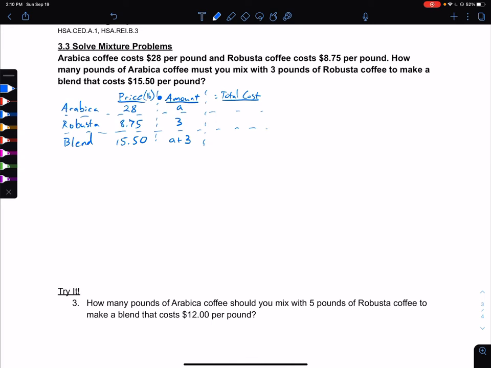So the total cost of each, Arabica would be 28 times A, or 28A. Robusta would be 8.75 times 3, which works out to 26.25. And then the blend would be 15.50 times A plus 3.